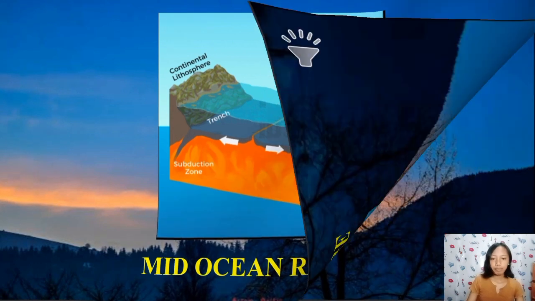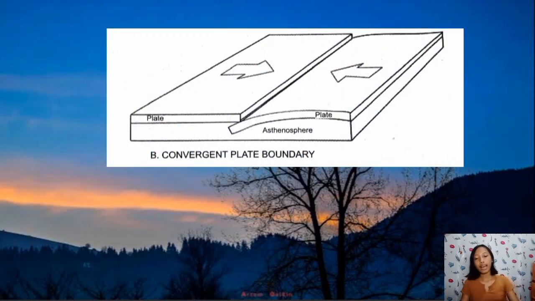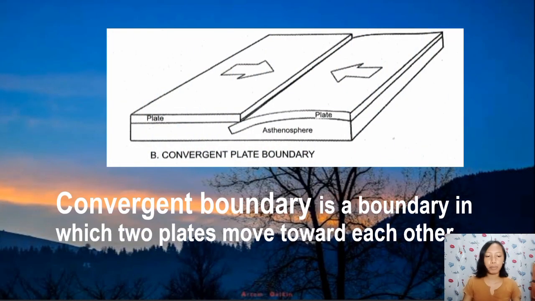So then, second, we have convergent plate boundary. Convergent plate boundary is a boundary in which two plates move toward each other. So, take a look at the picture. The two plates are moving toward each other.